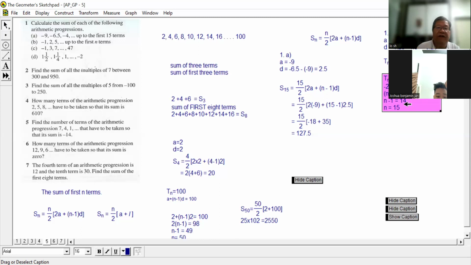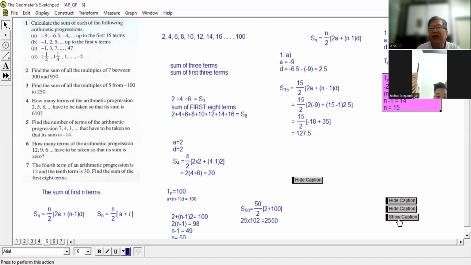Because the term number is a whole number, the n here is always a whole number. The Tn and the Sn can be whole number or decimal, depending on the question. So we found out that n is 15.